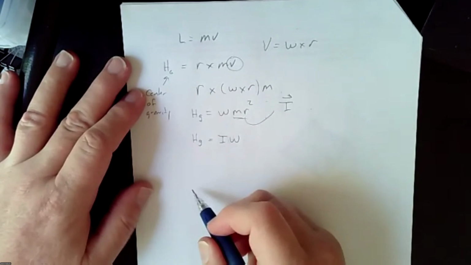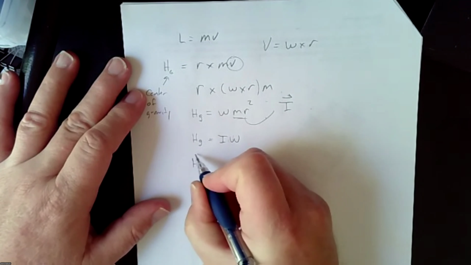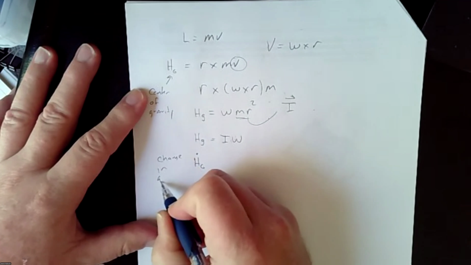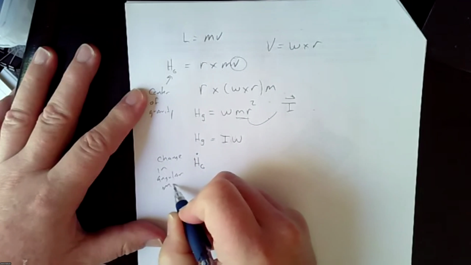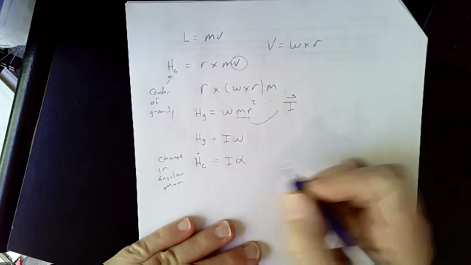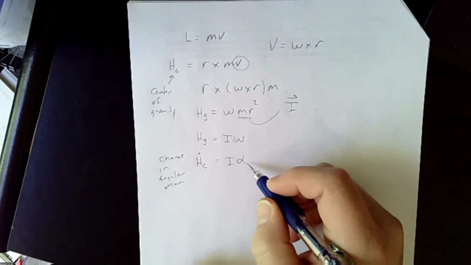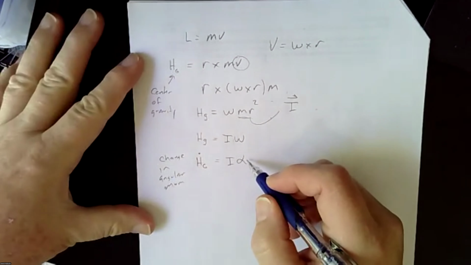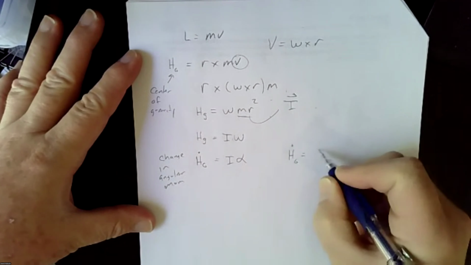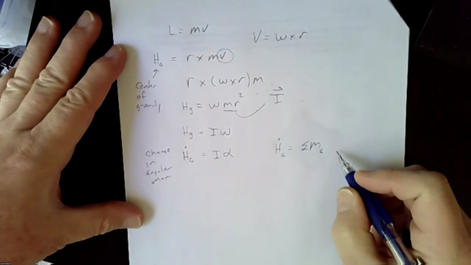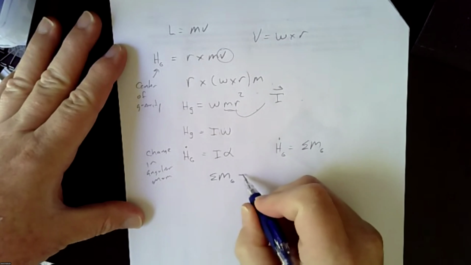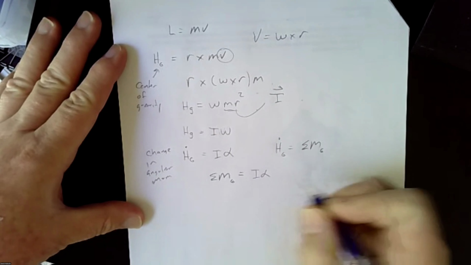And if we take the time derivative of that, H dot G, or the change in angular momentum, then that's going to equal I alpha, in radians per second squared. But remember that we already said that H dot G equaled the sum of the moments about G. So now what we can say is the sum of the moments about G equals I alpha.